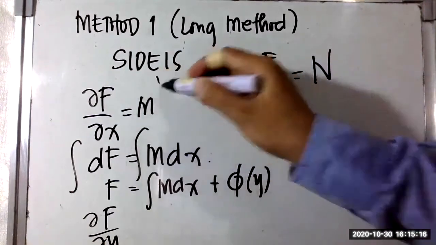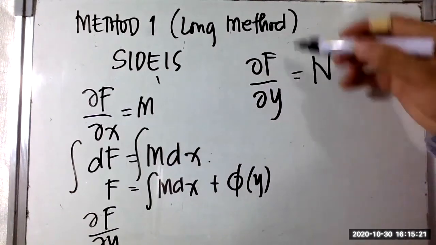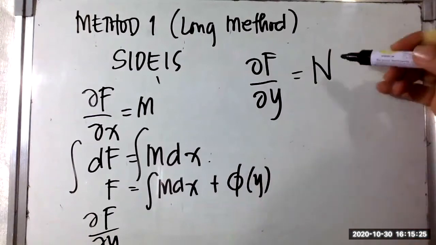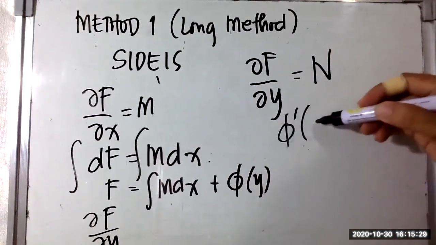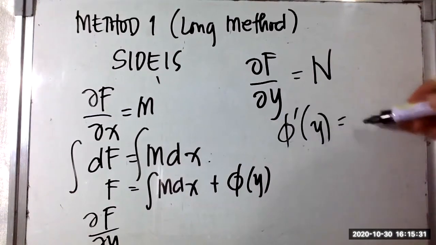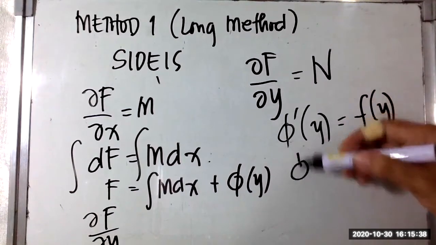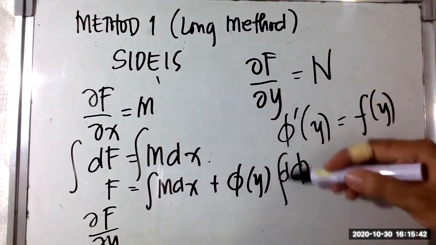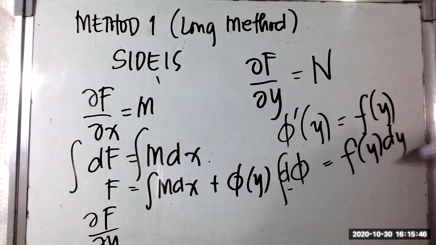This is the equate step to N, and equating the resulting derivative will give us phi prime of y. So in this case, we are going to integrate: d phi equal to f of y dy.